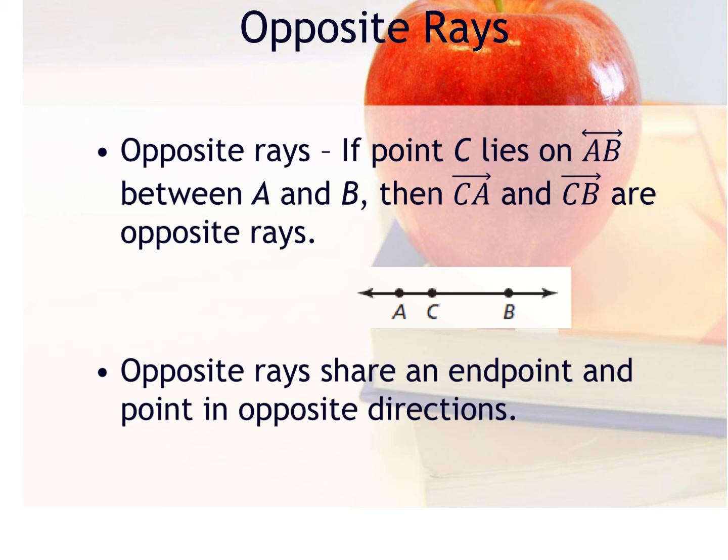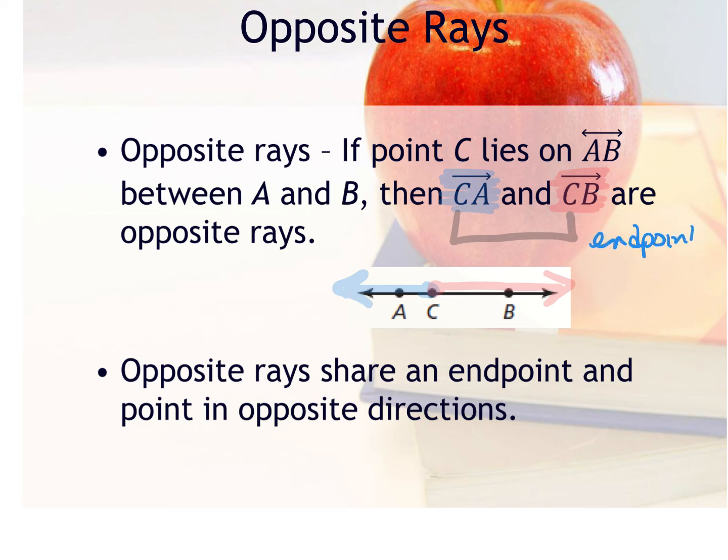So for example, CA is going from endpoint C to the unending direction of A. And then ray CB is going to go from endpoint C unending towards point B. Notice they both have this first letter, this endpoint, in common.